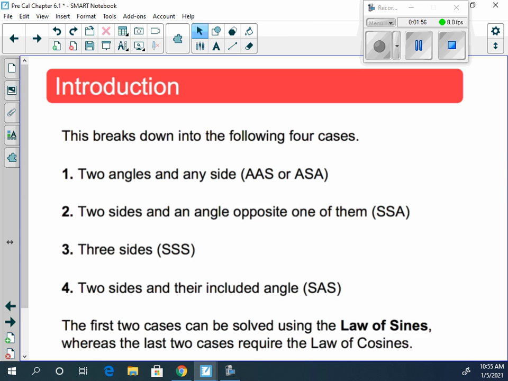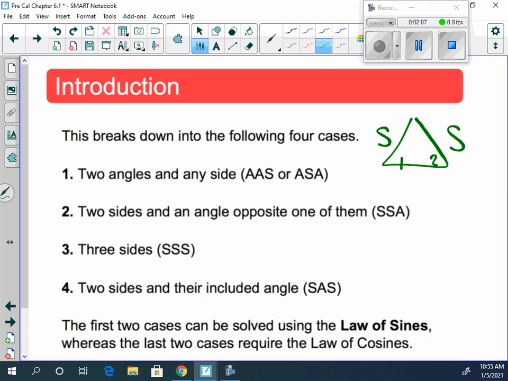Now, the other setup is 2 sides and an angle opposite one of them. So we're given 2 angles and a side, or 2 sides and an angle. So for this one here, we're given 2 sides and either this angle or this one.